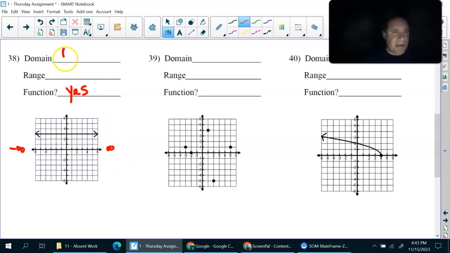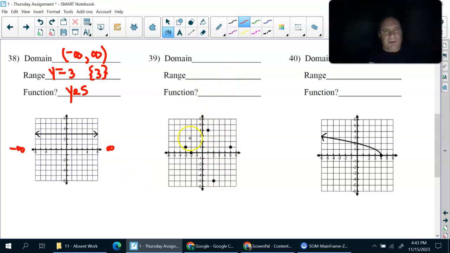So it goes in both directions forever. The range is only one number, so you could put y equals 3, or you could put braces with 3 around it.